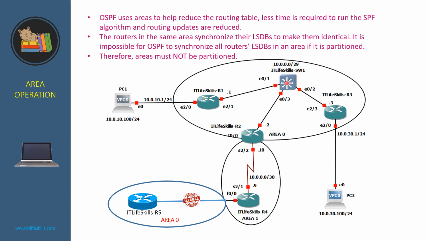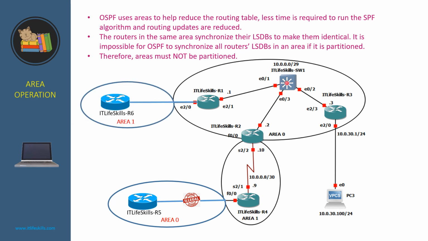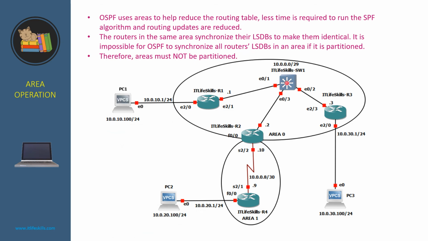Now, if we extend area 1 like this, it also makes area 1 partitioned, and the link state database of router 6 will not be synchronized with the link state database of router 4. Therefore, this configuration is also illegal. These two configurations must be dropped.